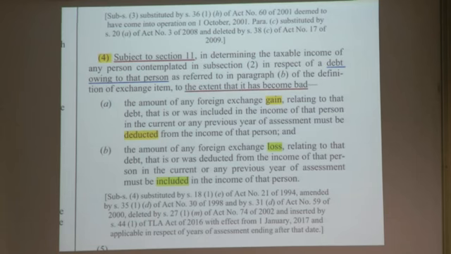So the amount of the foreign exchange gain relating to the debt, because in 24I normally, because it must be a person contemplated in subsection 2, you have been doing exchange differences on the debt that's outstanding. And now that debt that was outstanding just went bad.